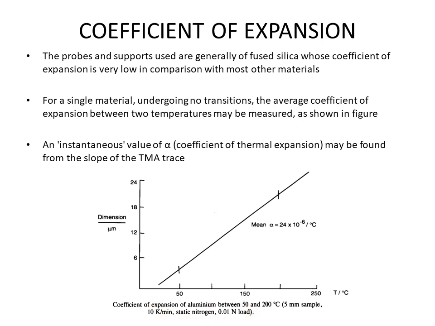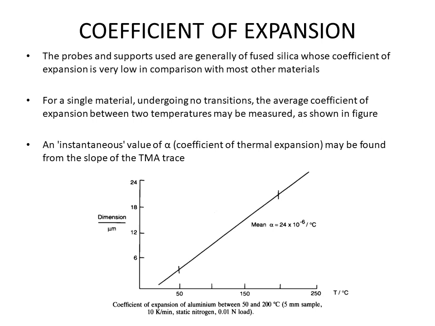We can see on the x-axis there is temperature, while on the y-axis there is dimension, that is, how much expansion is going to happen. With the change in temperature, the dimensions are going to increase. So we can calculate the average change in expansion between any two temperatures.